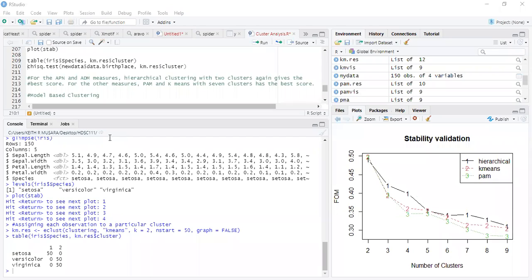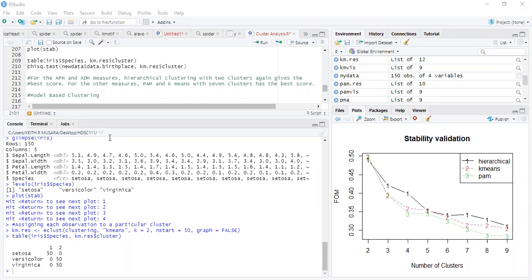I'm not sure, but I'm going to try. I think the first row shows us that Setosa has 50 observations under cluster 1. Since we have 2 clusters, 1 and 2, it has 0 falling under k equals 2.